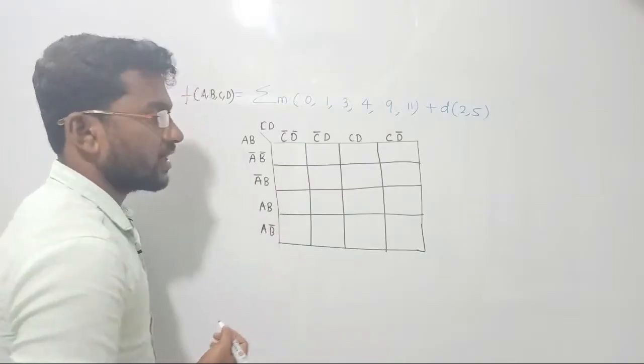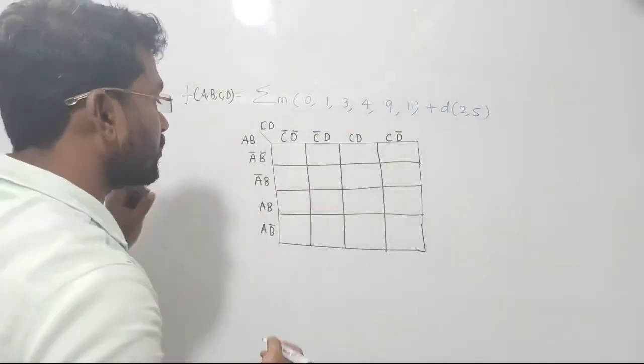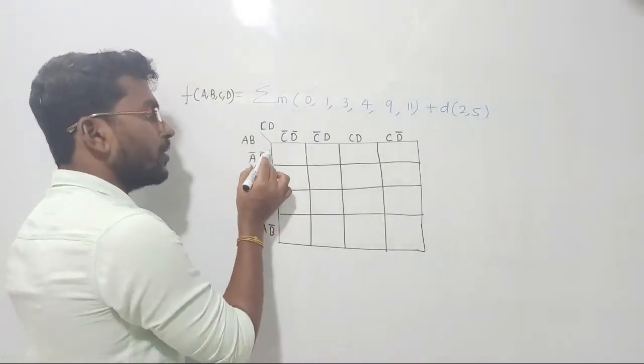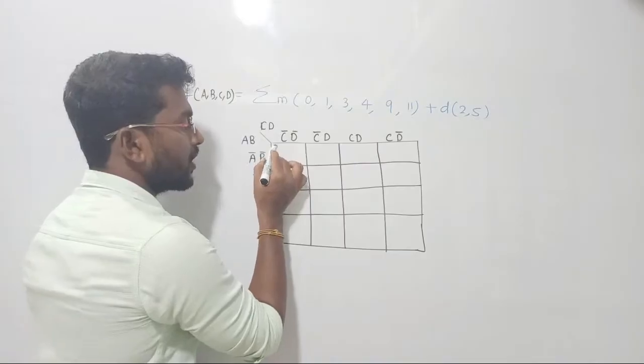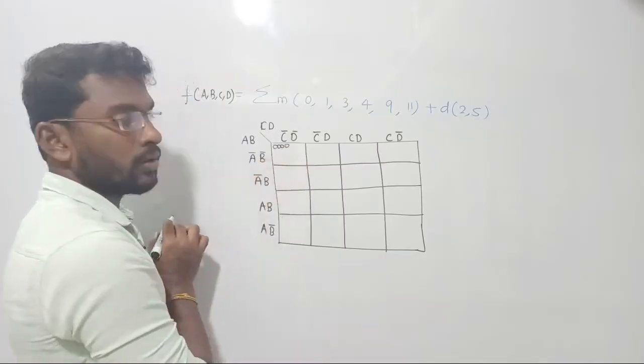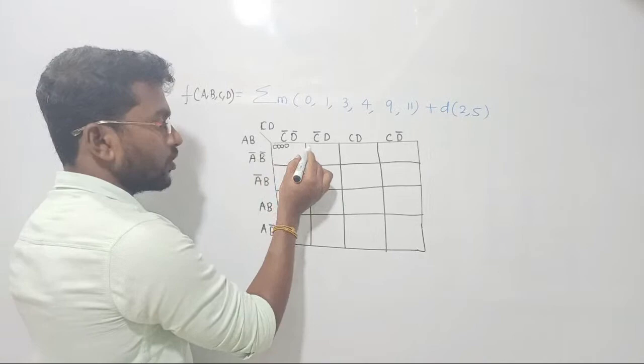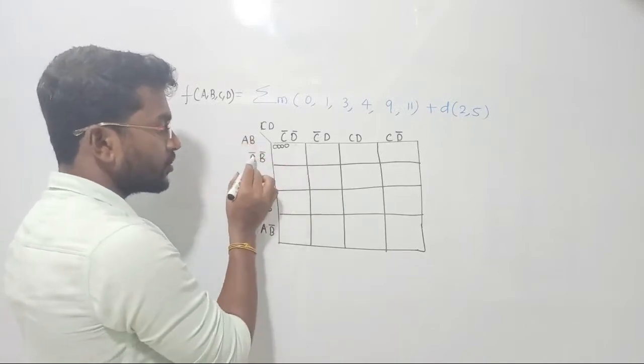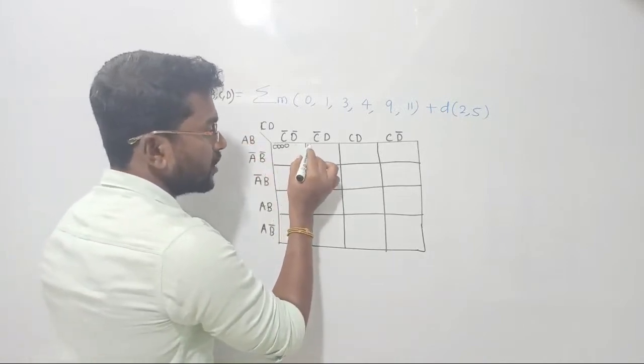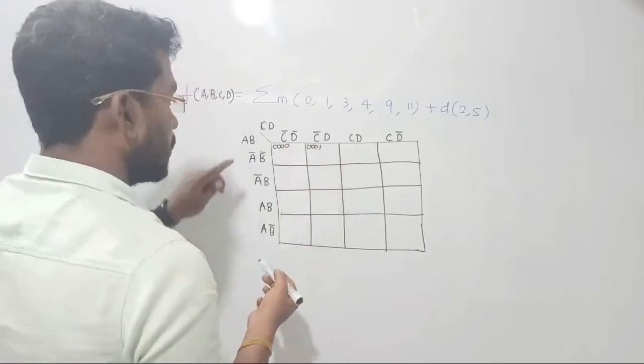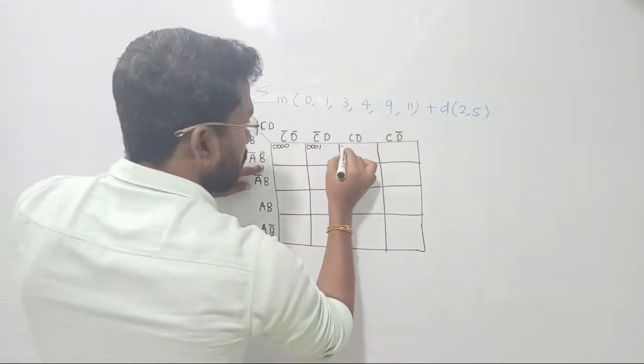Correct? Exactly. Guys, listen. Now if you represent the values inside, A bar, B bar, C bar, D bar means we are considering 0 0 0 0. A bar means 0, since bar in sum of product means 0, right? So 0 0 0 1. Next 0 0 1 1, 0 0 1 0.